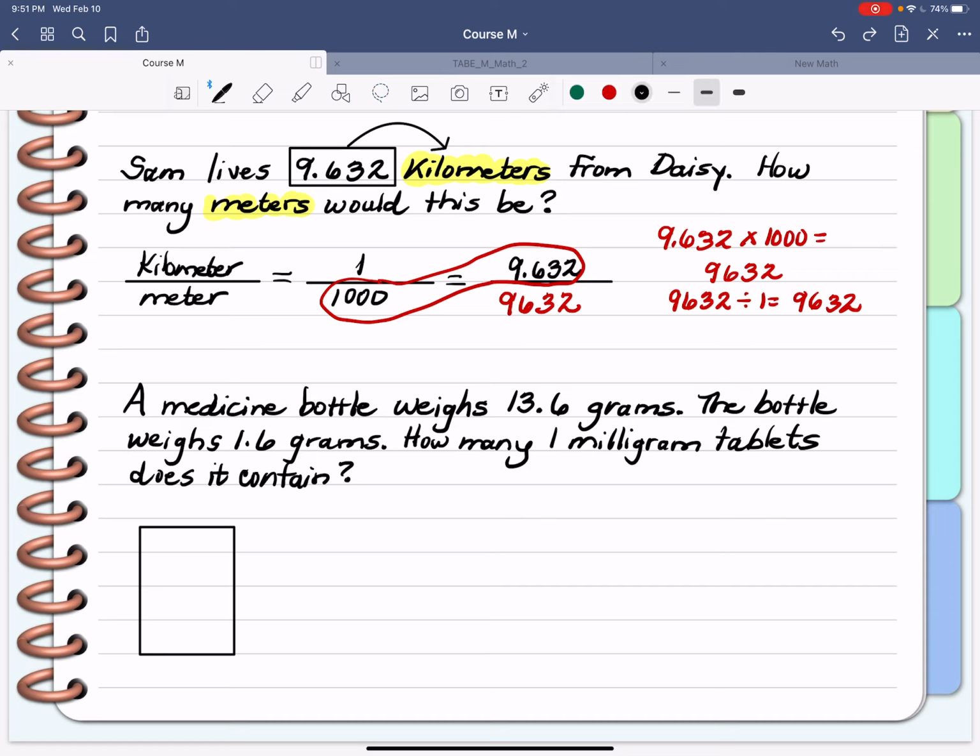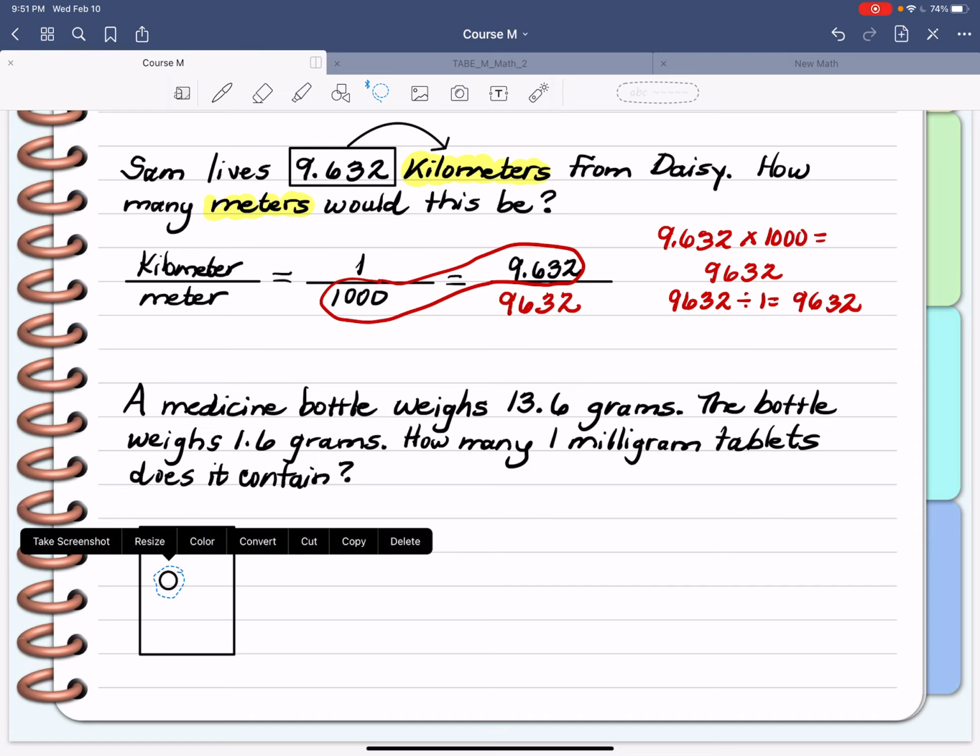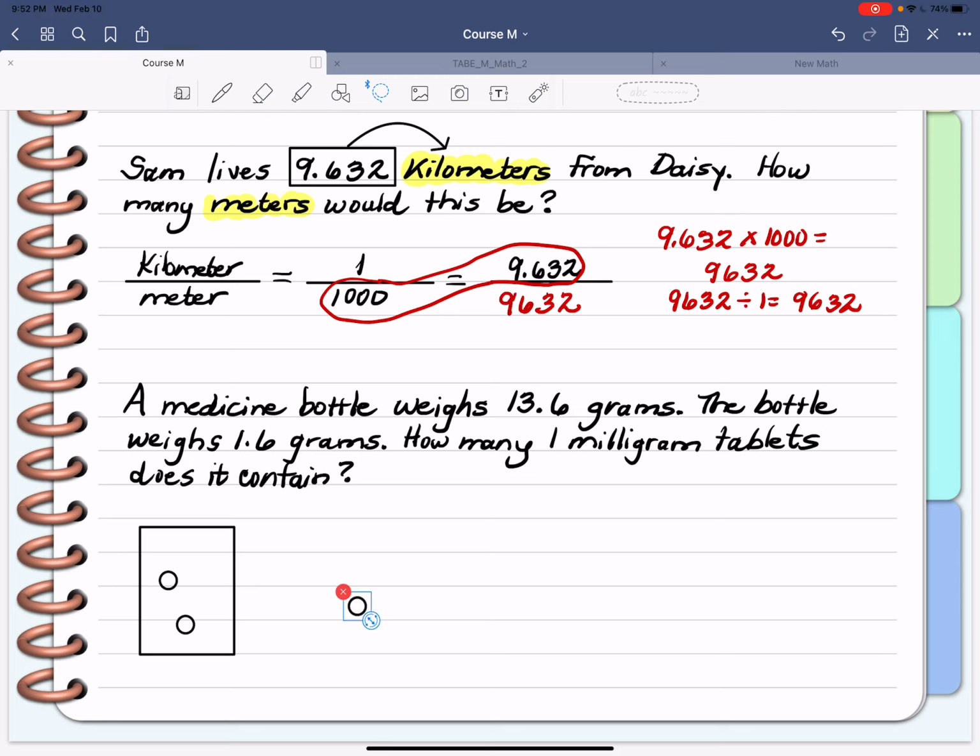Guys, I am a firm believer in the power of pictures. And they're not square tablets. Well, they could be, I guess. But let me try again. Okay. So inside this medicine bottle, there are these tablets. And we're supposed to figure out how many of these tablets are in there, given the information that we have been given.